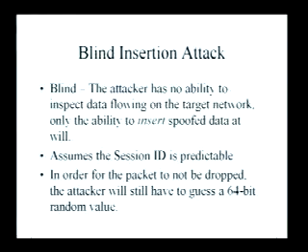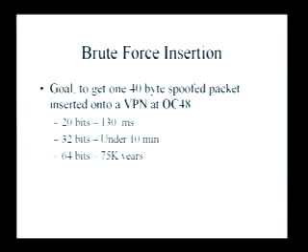So the 64-bit, the way it works, in order for the packet to not be dropped, the attacker would have to guess that 64-bit value. Now, why do we choose 64 bits? If you look back at the napkin calculation, you talk about brute force insertion, and that's what we're protecting against. If you look at the goal to get one 40-byte spoofed packet inserted into a VPN at OC48 speed, 20 bits takes 130 milliseconds. 32 bits is under 10 minutes.